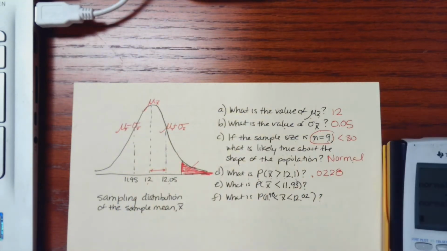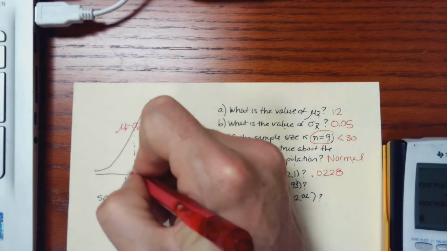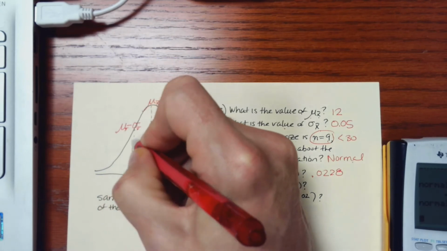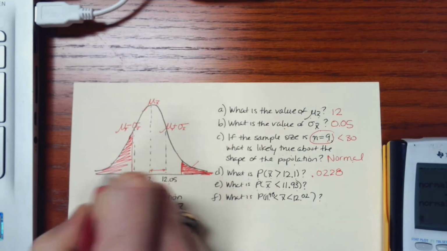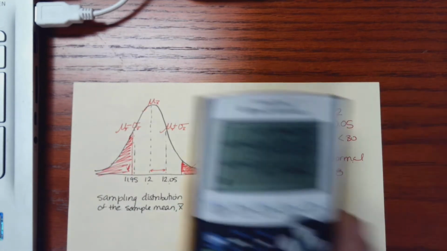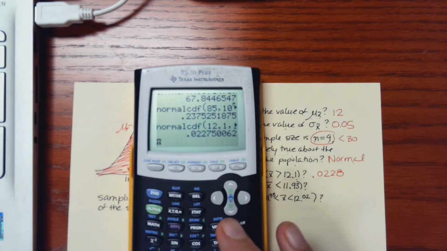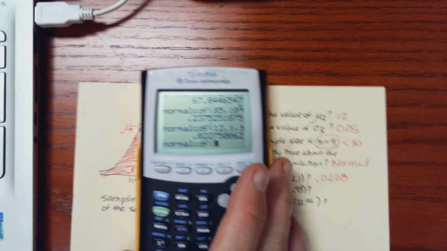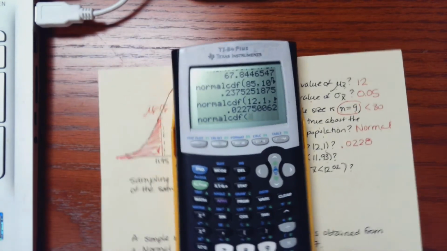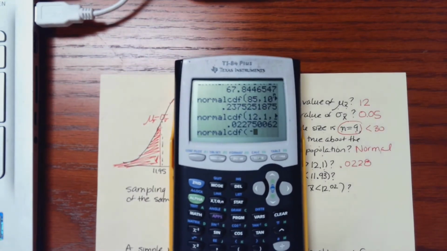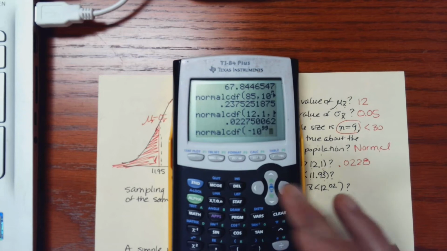All right. What about the probability that a sample mean is less than 11.93? Well, that's somewhere over here, and this is a less than statement, so I want to go to the left. And so again, I'm going to use my normal CDF function, and this time the leftmost point is negative infinity, so I'm going to use a really large negative number, negative 10 to the 99th power.